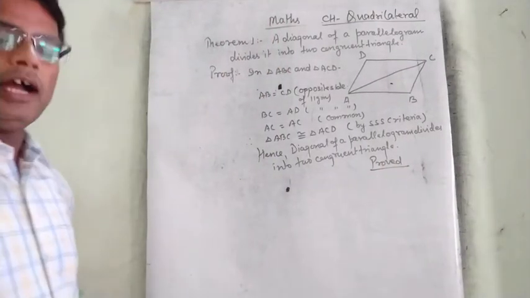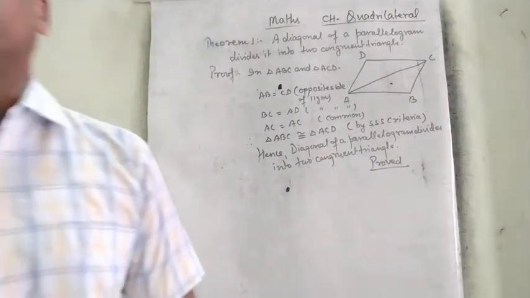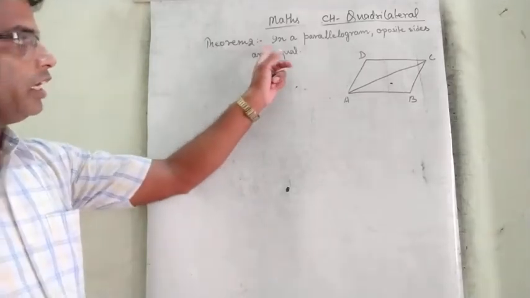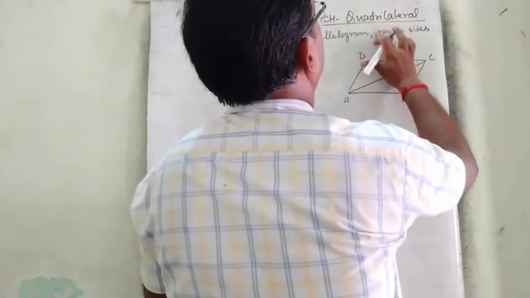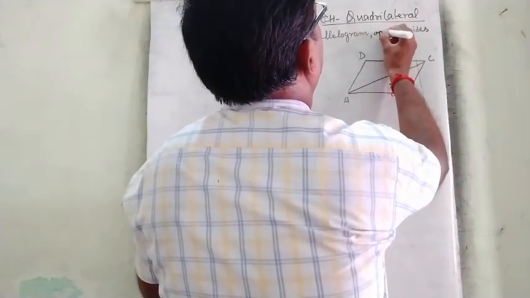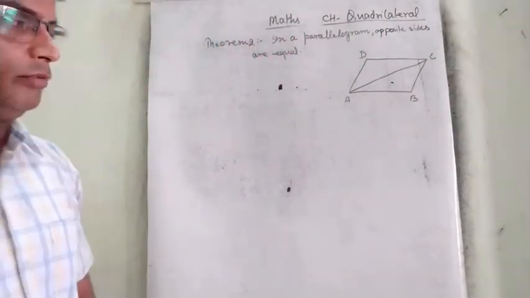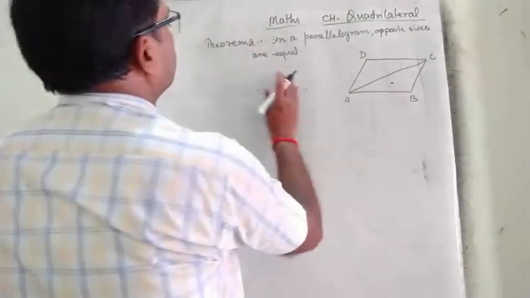Clear? Next theorem I will write here. You see all of you. In a parallelogram, opposite sides are equal. How can we prove it in this case? You see here.